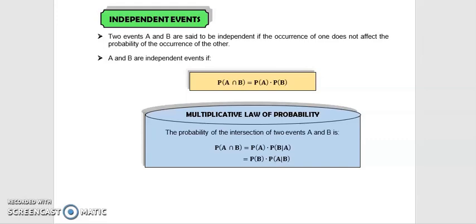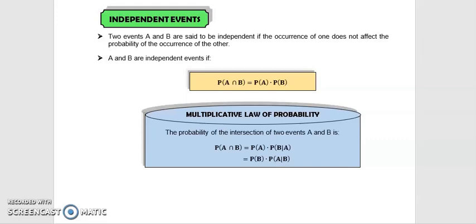You toss a coin twice: first toss you get tail, second toss you get head, for example. Getting head on the second toss does not depend on whether you got tail first. That is meant by independent events.